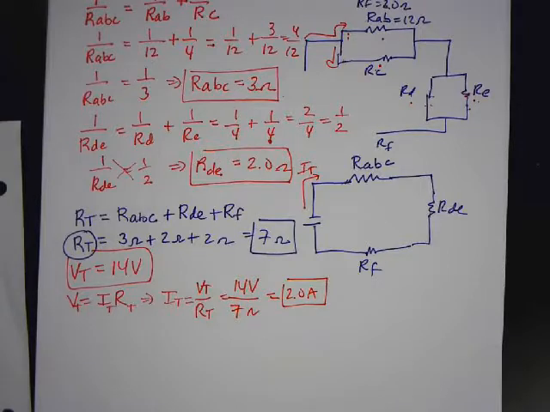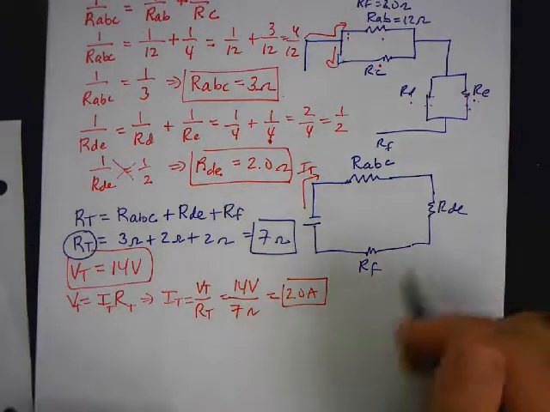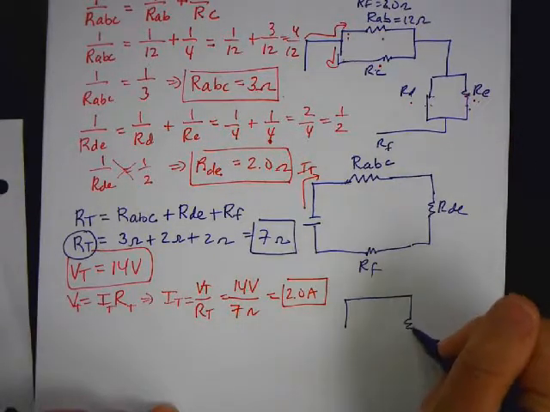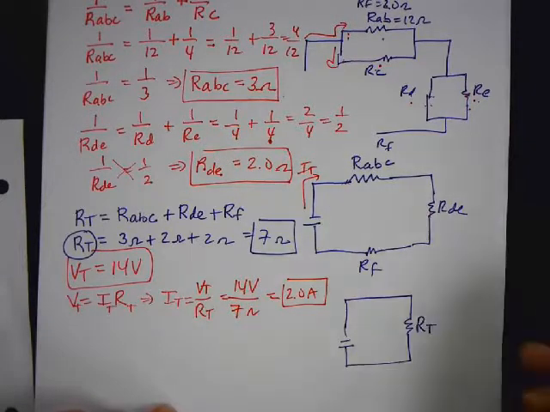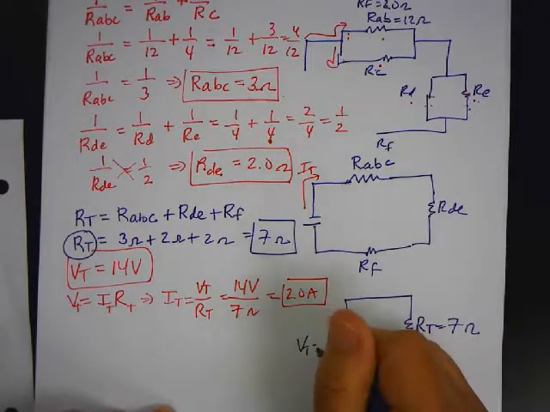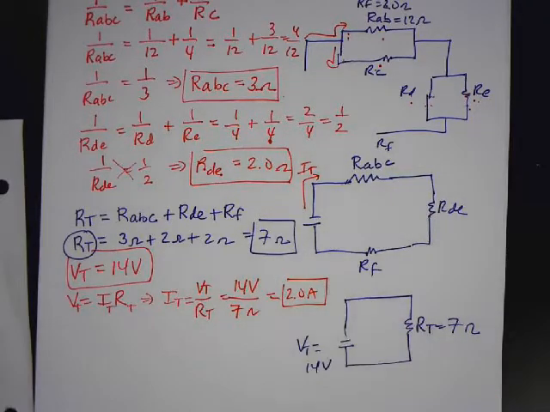But they want me to find the current and the voltage drop across every single resistor in the original picture. So here's my final picture. My final picture is one resistor called RT, which I found is 7 ohms, right? And I know my total voltage, that's 14.